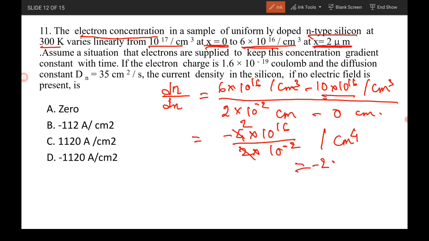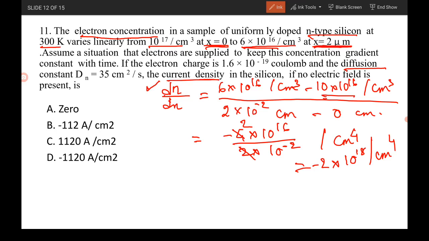Minus 2 into 10 to the power 18 per centimeter to the power 4. So we got our concentration gradient. This is a question consisting of the concentration gradient of electrons, and we have to find out the diffusion current density.